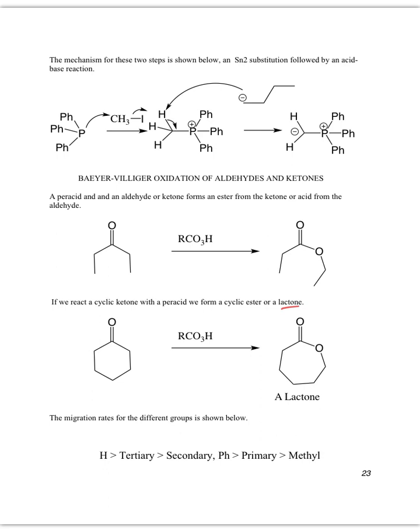And the rates for migration are shown below. On the test, if I have a Baeyer-Villiger oxidation, the ketone that I ask you to predict the product from will be symmetrical on both sides, so you won't have to decide which one migrates better. Okay, but it is here on the bottom of the page what the migration patterns are.